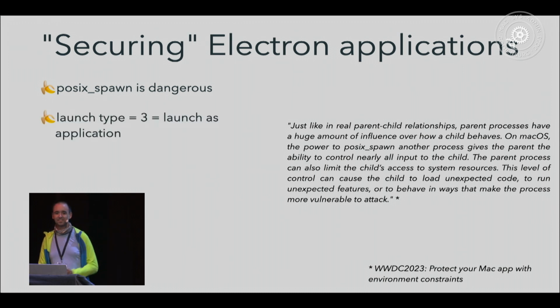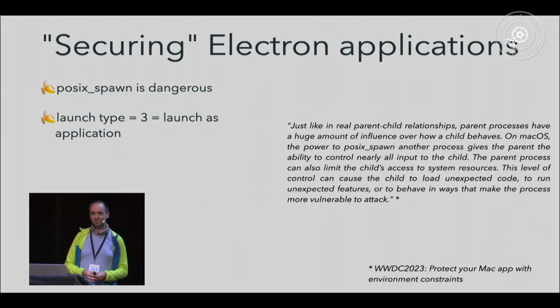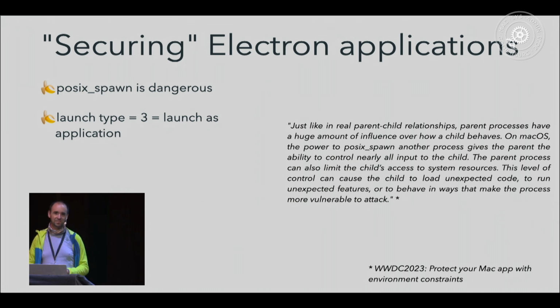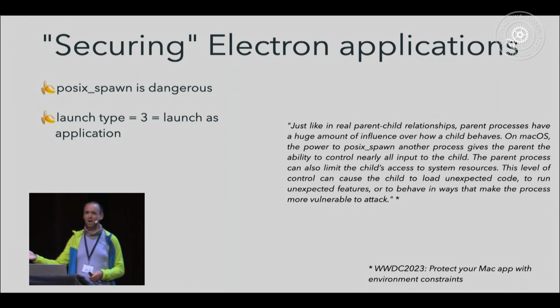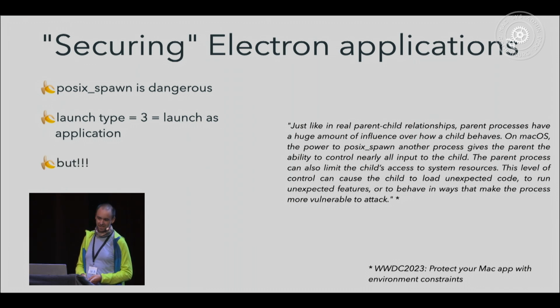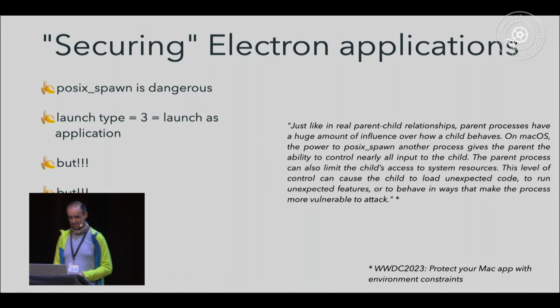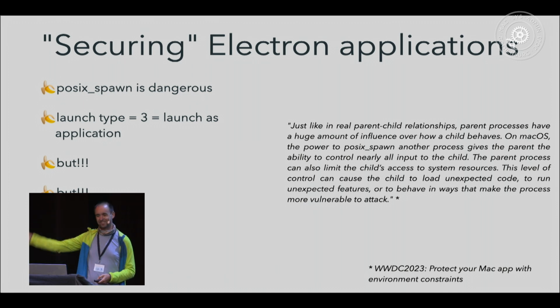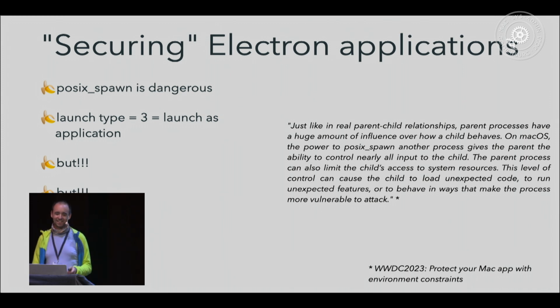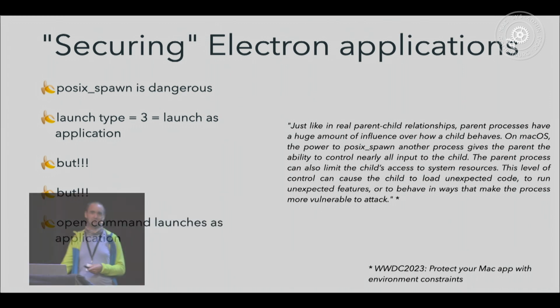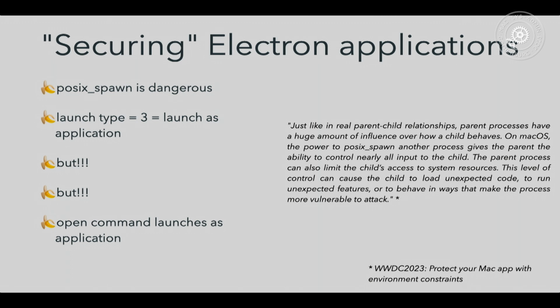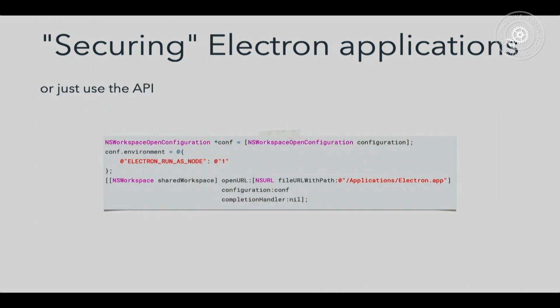So Apple said there is a launch type 3, which means you cannot POSIX spawn a process. You have to launch it as an application. But again, the most dangerous parts are usually the environment variables and the command line arguments. Now, it turns out that the open command will launch an application as an application, and the open command can pass environment variables and arguments. So we are back to square one.